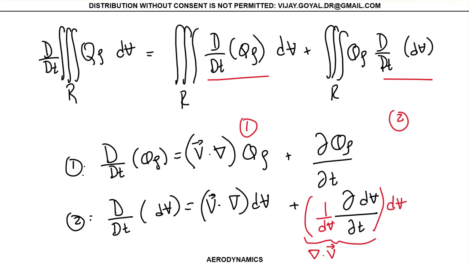Then this expression and this expression look kind of similar, but they're opposite. In one place you have the divergence of the velocity vector, in the other you have the opposite. Now we're going to plug this expression in here and this expression there, and expand the whole thing.